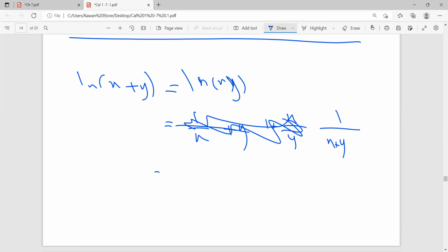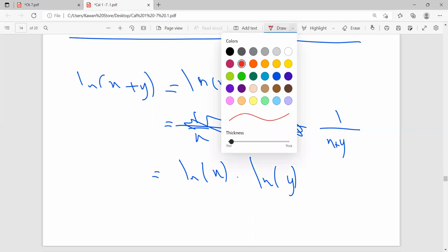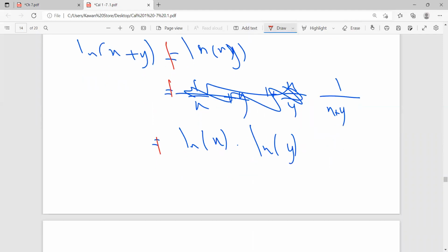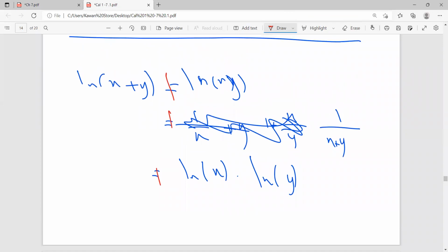Okay, good. Other idea? Ln of x multiplied by ln of y. Any else? Okay, well done, thank you. None of them is true. We have no such rule like that.